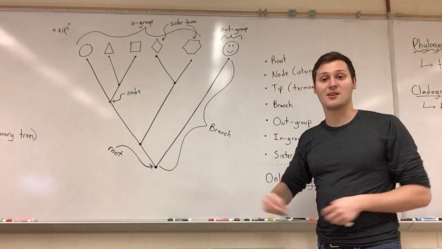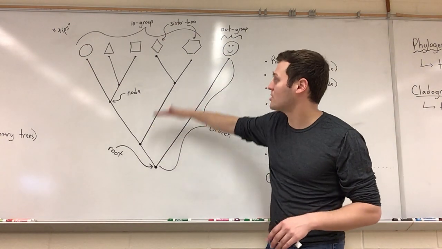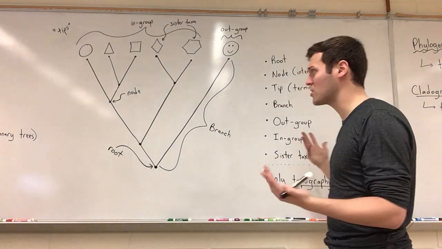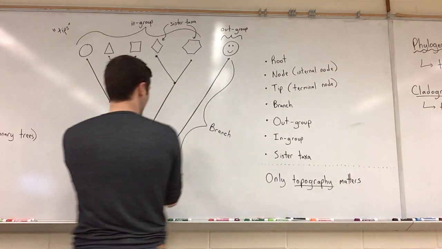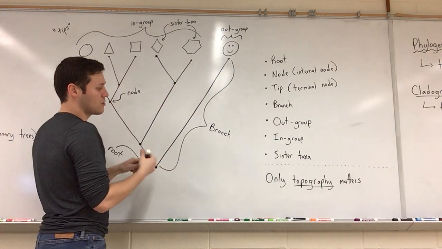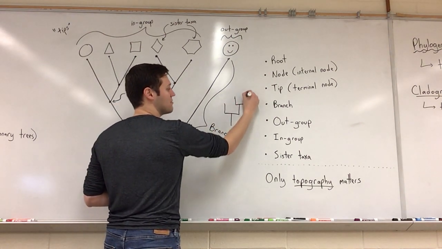What does matter is the topology. The topology is the order of the branches. So this branch pattern needs to stay the same, however we flip it. Also, we could have very well drawn this not like this. We drew it in a very specific way where we have kind of like a V. We could have also drawn it like this, where it branched off like that and then branched off like that.